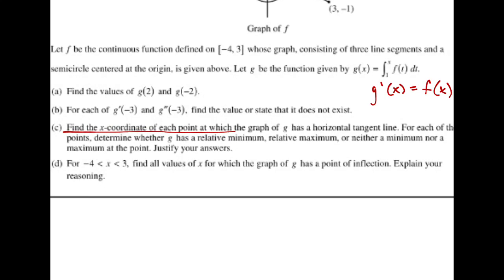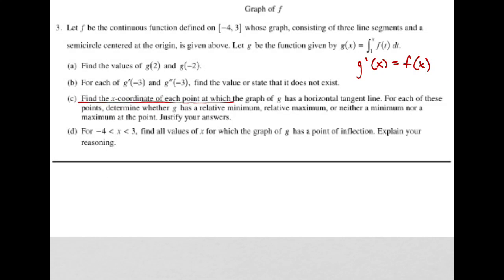So it says find the coordinate. This I would write in a sentence. What would I write? Well, let's read the question. Find the x-coordinate of each point at which the graph of G has a horizontal tangent line.